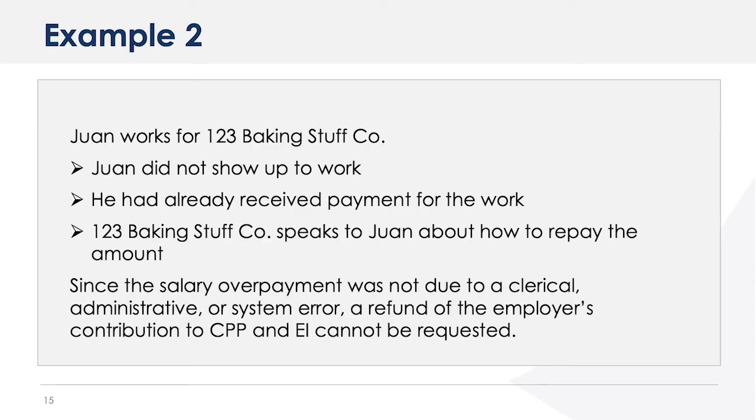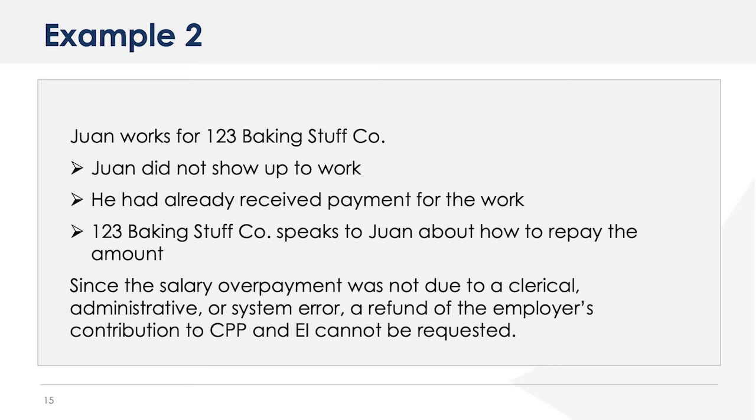For example, Juan works for 123 Baking Stuff Company. The company noticed that Juan did not show up to work at the bakery the previous week, but he had already received payment for the week of work. 123 Baking Stuff Company proceeds to reach out to Juan about the issue to talk about how to proceed with repayment.